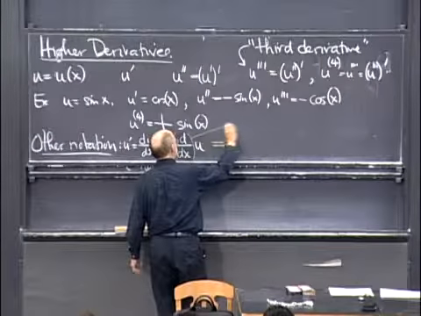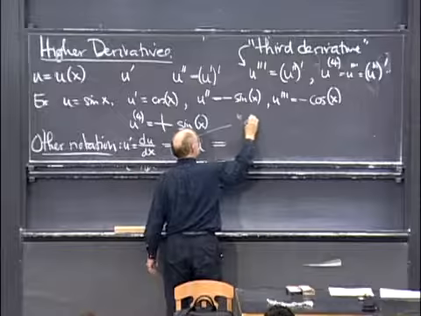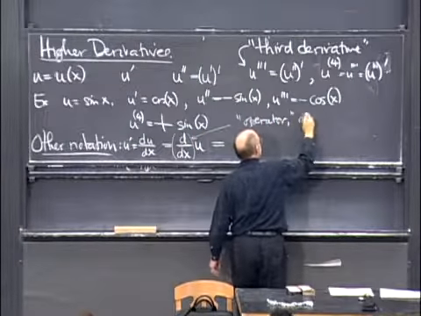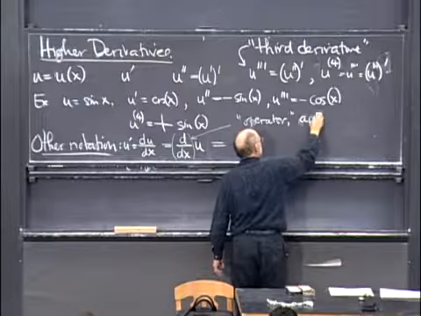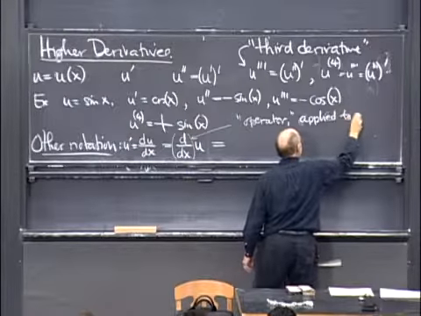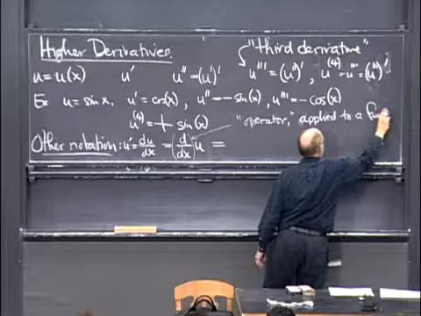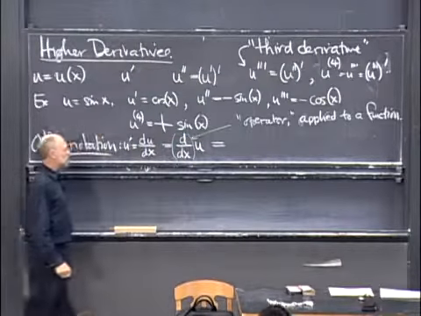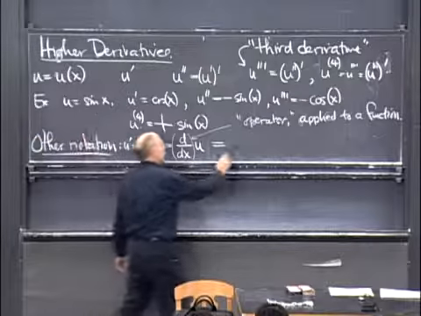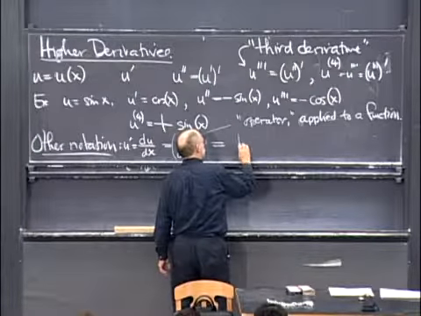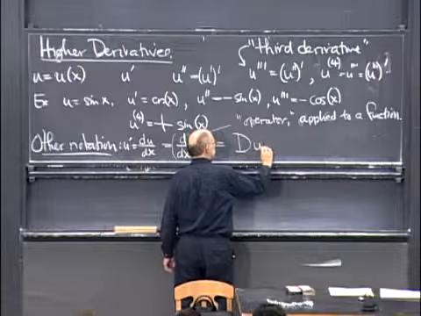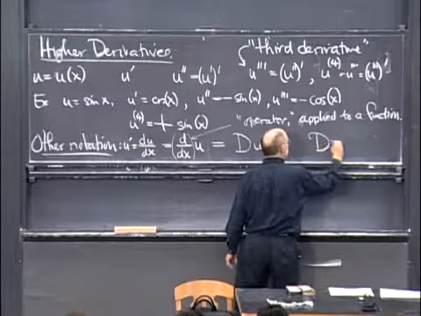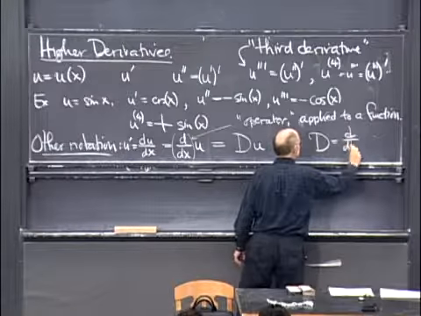This symbol represents an operator which is to be applied to a function. And the operator says, take the function and differentiate it. So a further notation that people often use is they give a different name to that operator and they'll write capital D for it. So this is just using capital D for the symbol d dx.